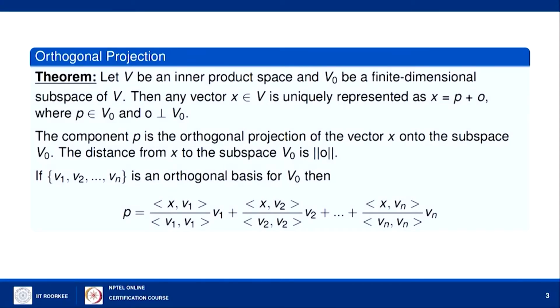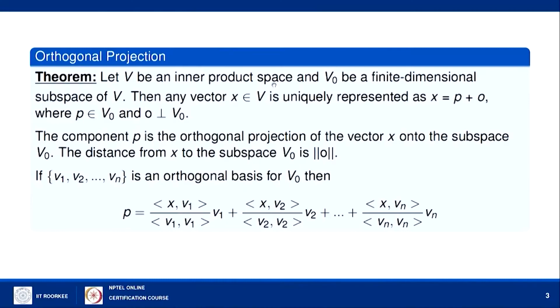Now, you have seen this theorem already in orthogonal projection, but we have to recall it in a wider setting, where we are talking about a subspace. So, let V be an inner product space and V0 be a finite dimensional subspace of V.